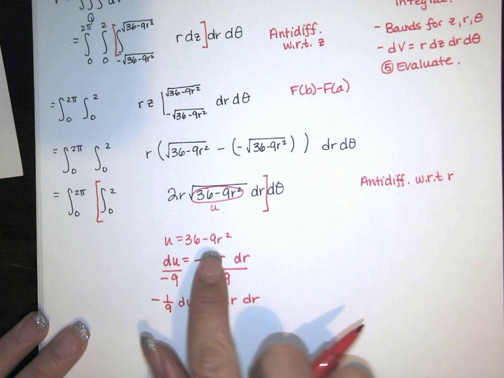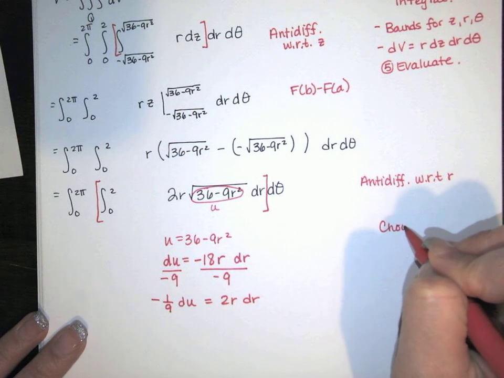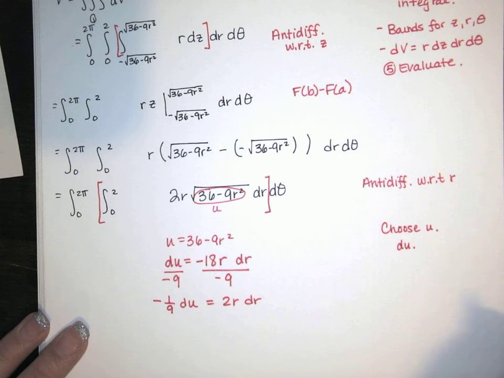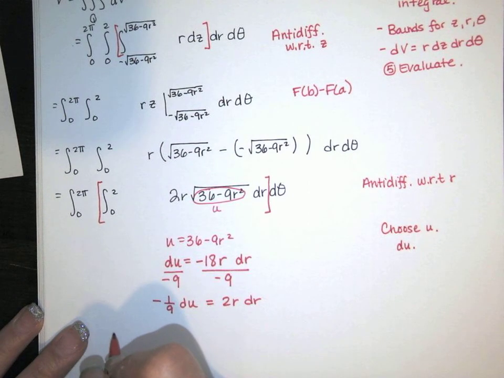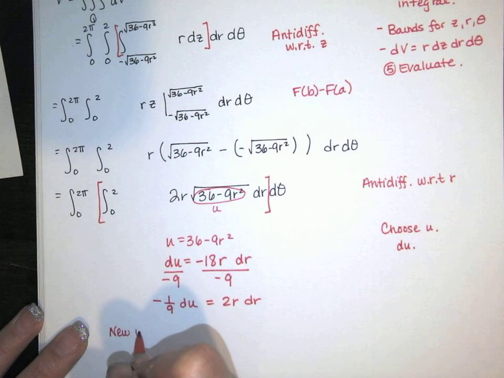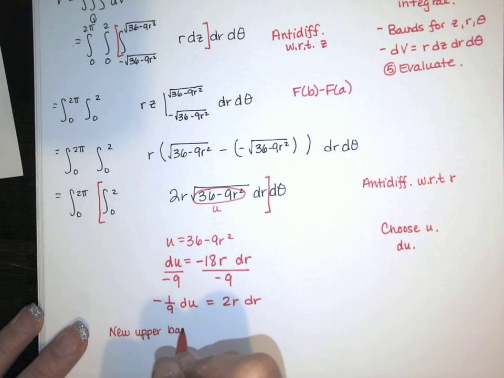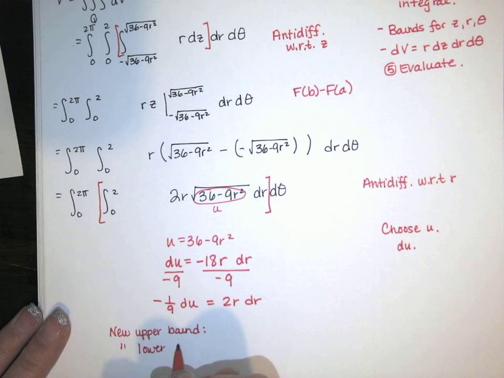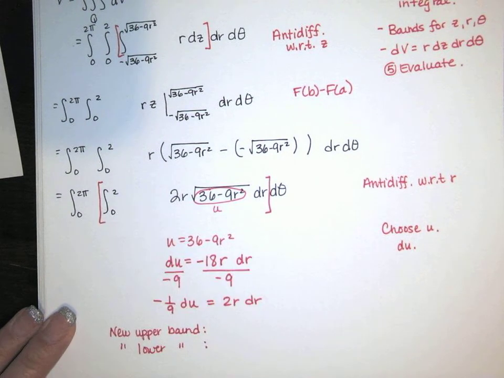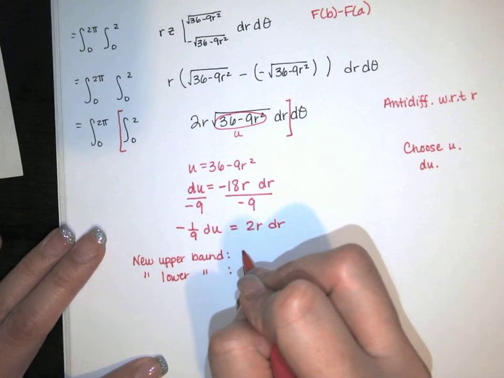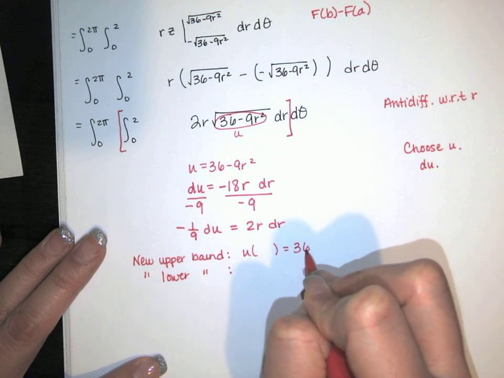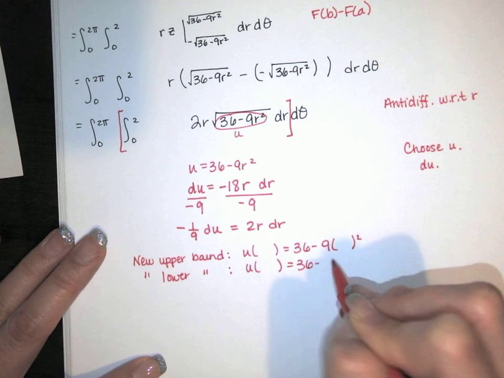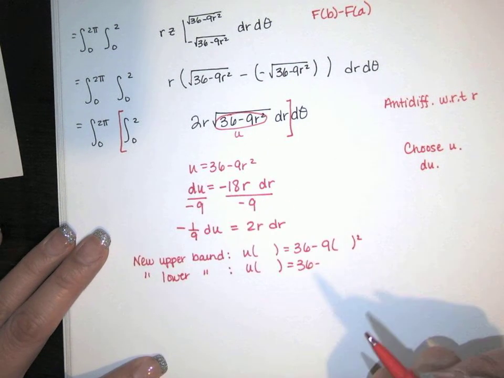Okay, so we have chosen u, we computed du, and now we need new bounds. To get your new upper bound and new lower bound, you just replace the upper bound and lower bound from before into your function u. So we're saying r goes from 0 to 2 here.